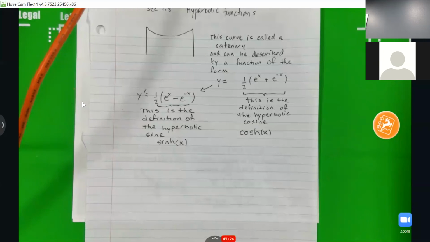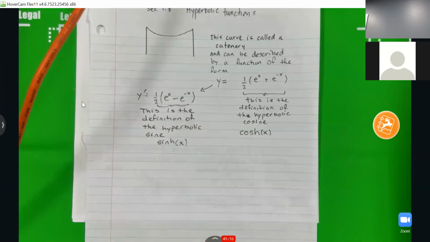So I'm not going to spend any time going over these. If you ever encounter them in your physics classes or in your engineering classes, just remember that they come from sums of exponential functions, and you don't really have to memorize anything new. There are derivative formulas and integral formulas for them, which just follow the derivatives and integrals of exponential functions.